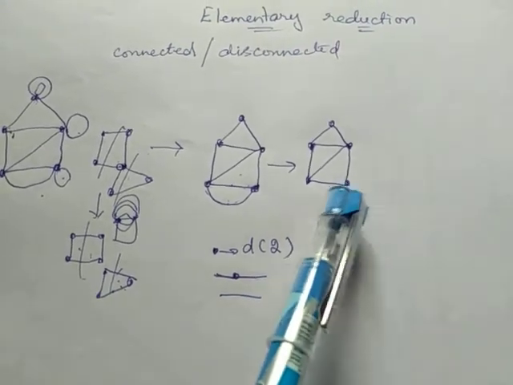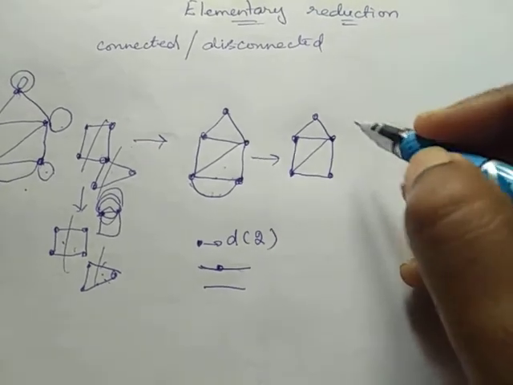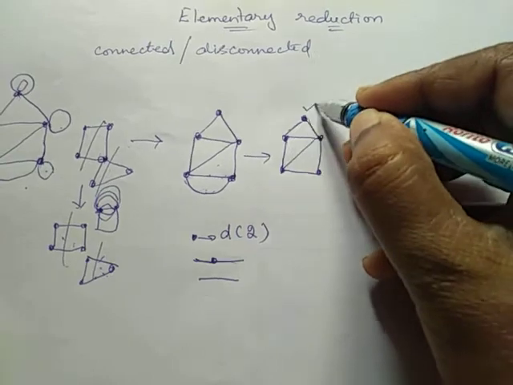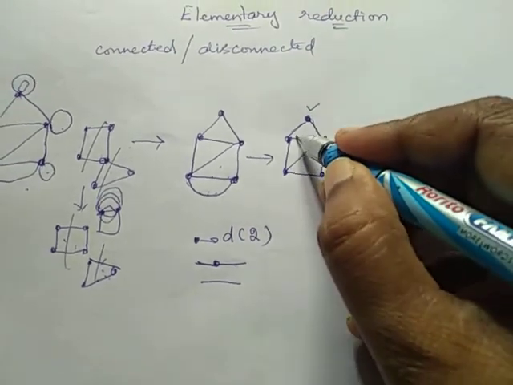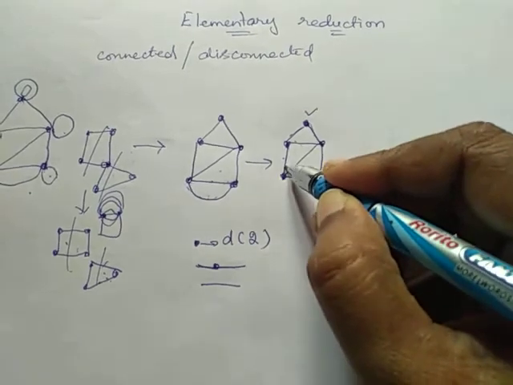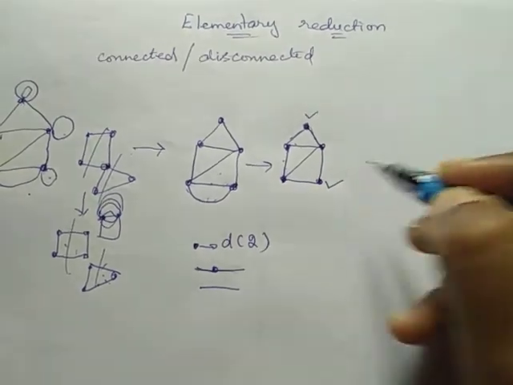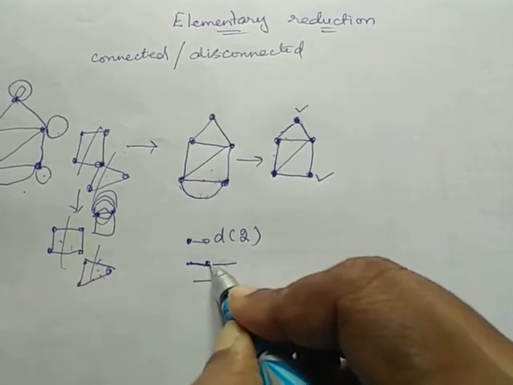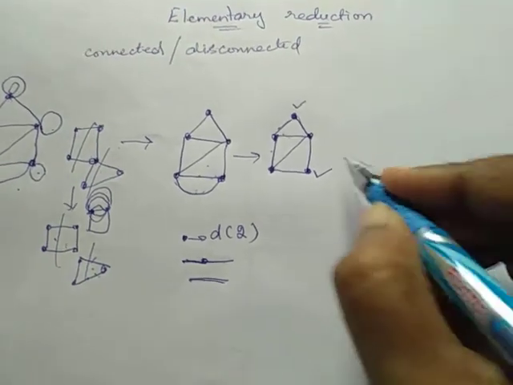So check whether in this graph we have a vertex of degree 2. This vertex is of degree 2. This vertex is of degree 3. This is of degree 4. This vertex is of degree 3 and this vertex is also of degree 2. So we are replacing a vertex of degree 2 by a single edge.